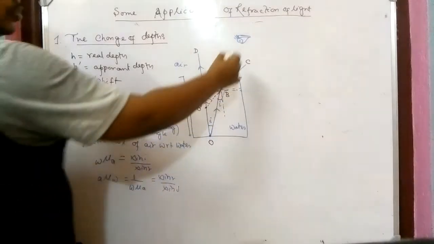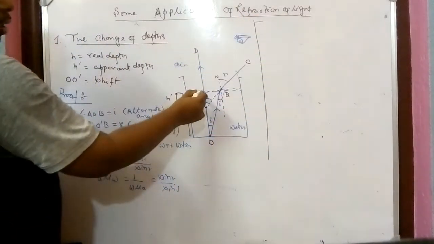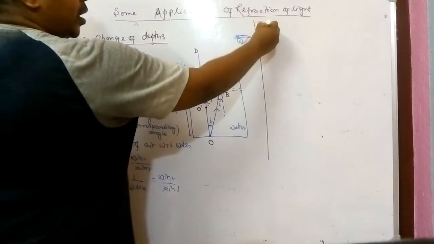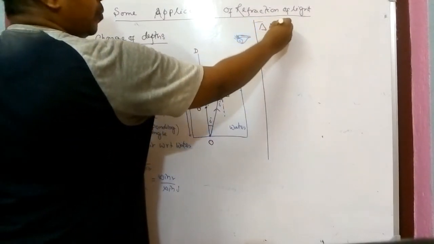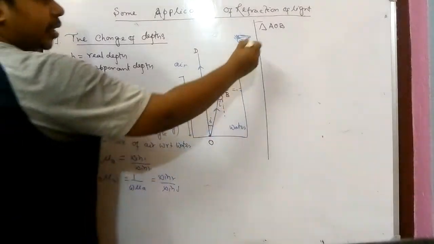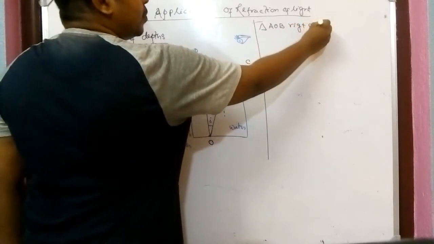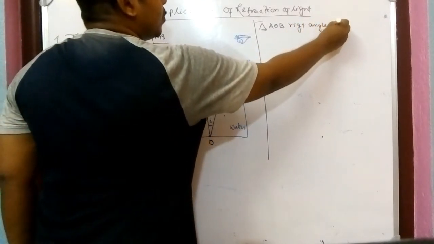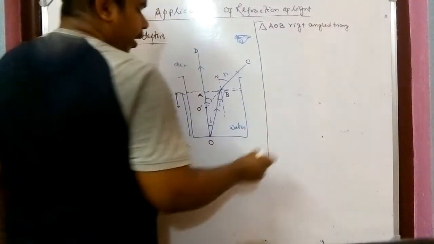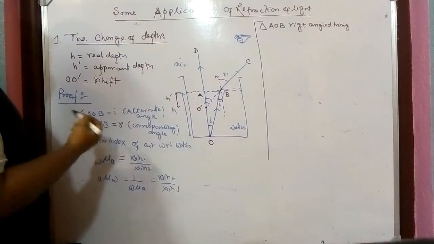Now I have to take two triangles here. First I want to take triangle AOB. You see, AOB, it is a right angle triangle, and here this angle is i, that is already proved, that is the alternate angle.